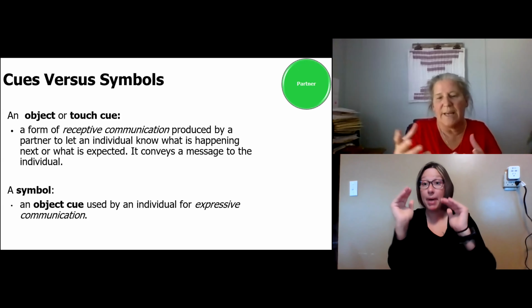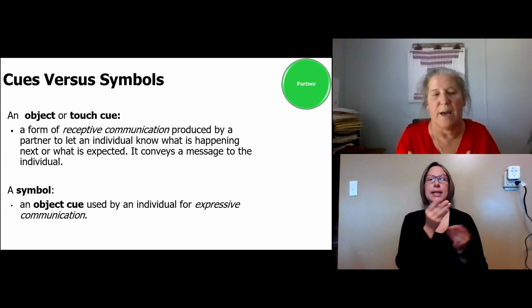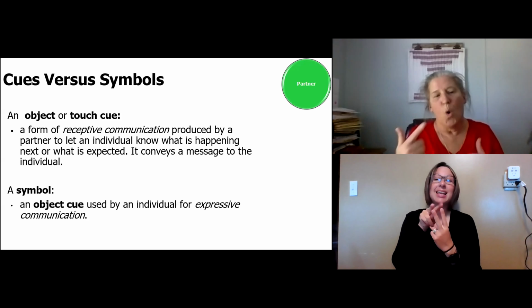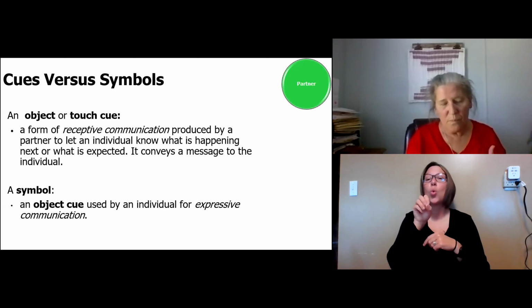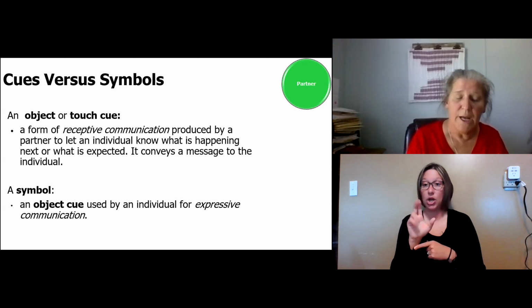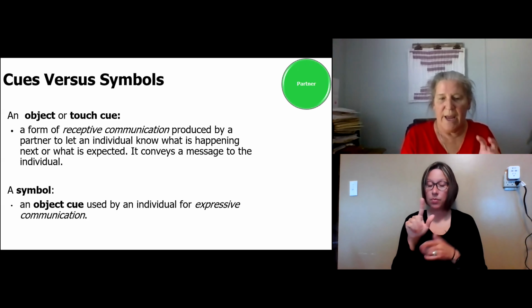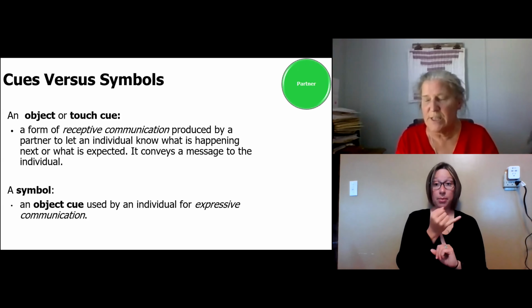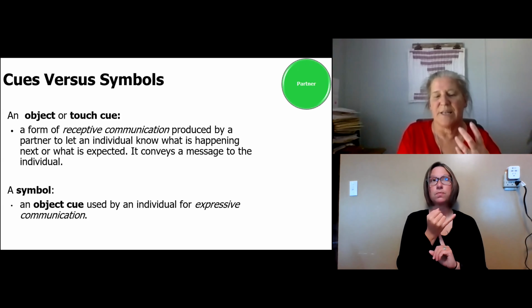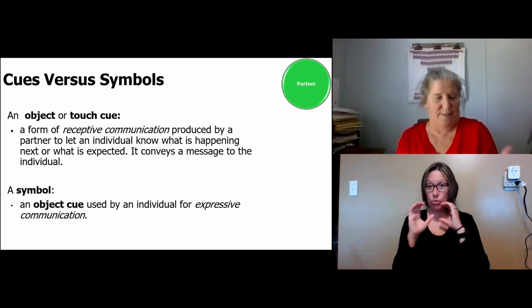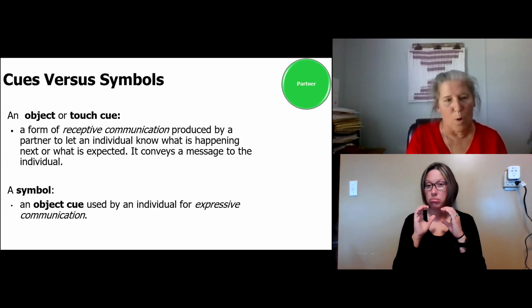So it's really to convey that message to them of what's going on. And that's either done through a touch cue or through an object cue. And then a symbol is where we take that object cue and the individual then starts using it as an expressive communication device. So they're using it in that way.